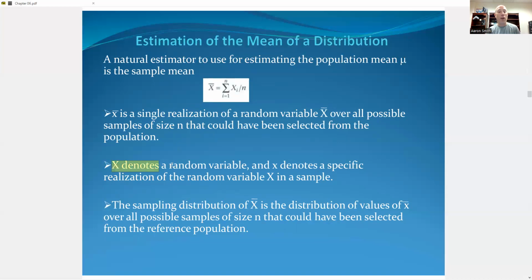Capital X denotes a random variable, and little x denotes a specific value of that random variable. The sampling distribution of x bar is the distribution of values of little x bar over all possible samples of size n that could have been selected from the reference population.